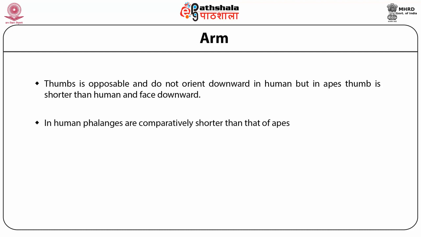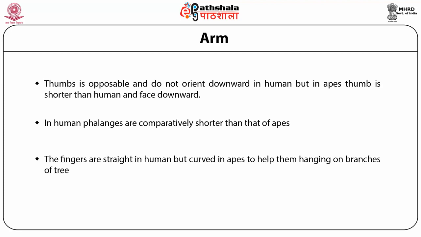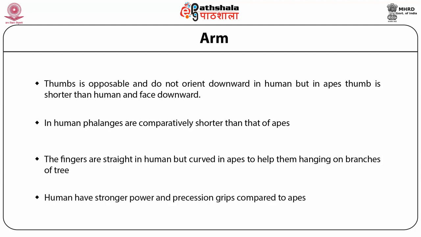Phalanges are comparatively shorter than those of apes. The fingers are straight in humans but curved in apes to help them hang on tree branches. Humans have stronger power and precision grip compared to apes.